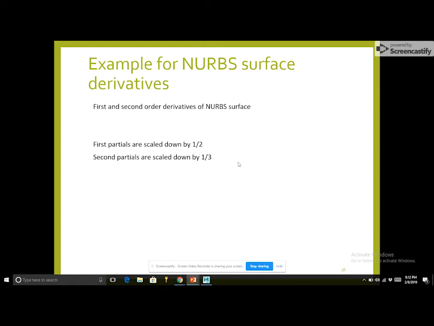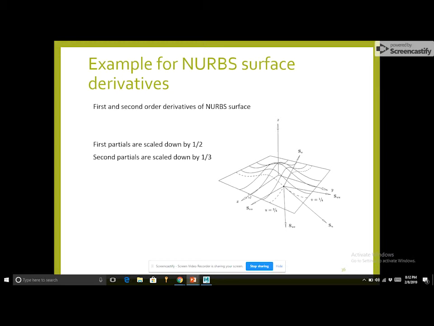Now here we have an example for NURBS surface derivatives. In this figure we can see the first and second order derivatives of a bicubic NURBS surface computed at points u equal to 3 by 4 and v equal to 1 by 4. Here we can see that the first partials are scaled down by half and the second partials are scaled down by 1/3.